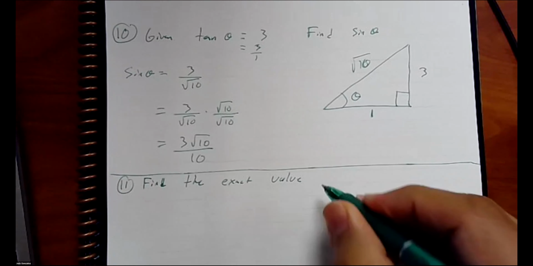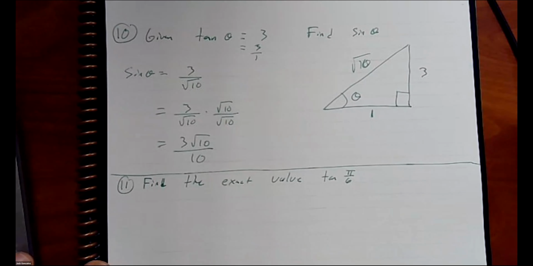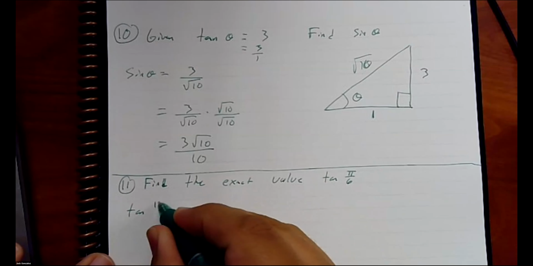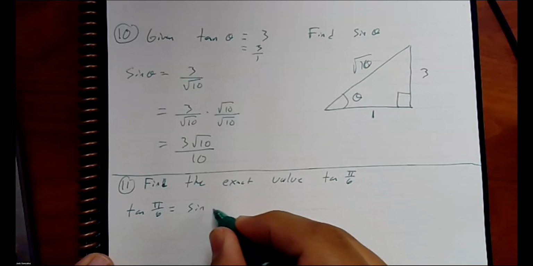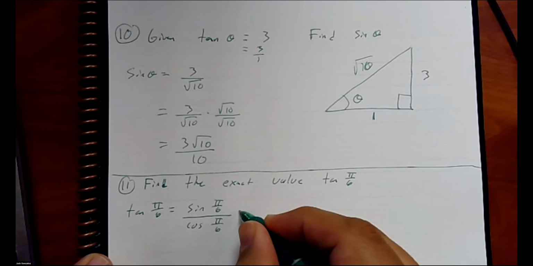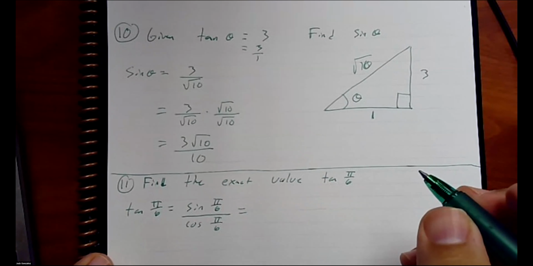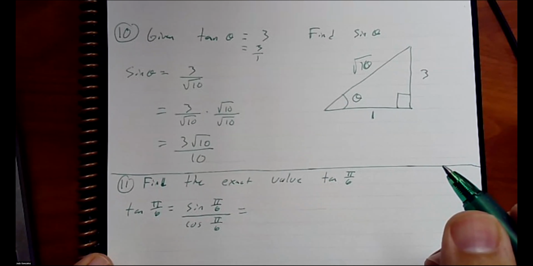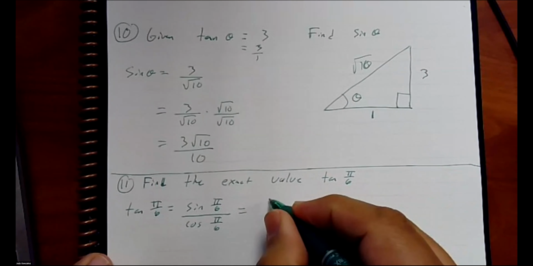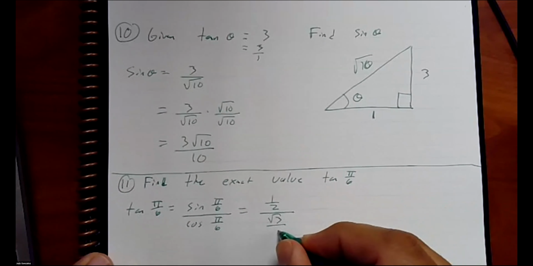Find the exact value for tangent of pi over 6. No calculators. So what you would do is remember that tangent is defined as sine over cosine. So sine of pi over 6 on the unit circle, that's going to be what? One half, right? Cosine would be root 3 over 2.